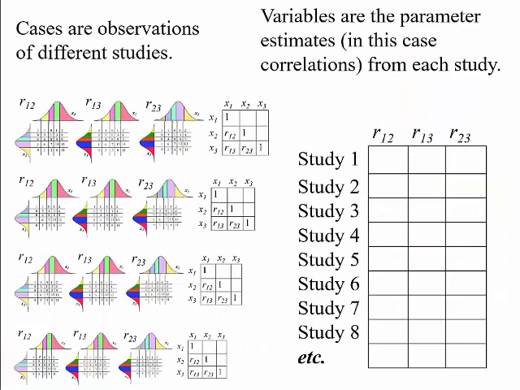Now, usually when we've talked about sampling error in the past, we've talked about sampling error for just one single statistic at a time. For example, if we want to talk about sampling error for calculating a mean, we indicate that with the standard error of the mean.